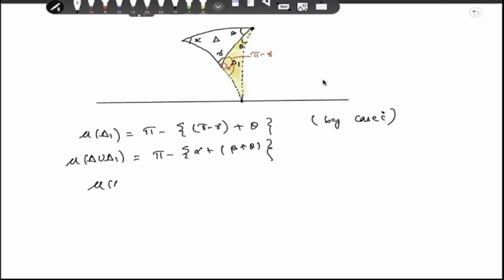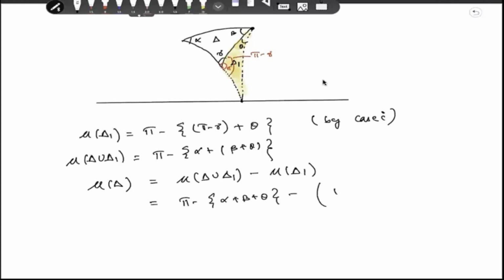So therefore mu of this delta is the area of delta union delta 1 minus the area of delta 1. So this is equal to pi minus alpha plus beta plus theta, minus pi minus gamma plus theta, which is nothing but equal to pi minus alpha plus beta plus gamma.